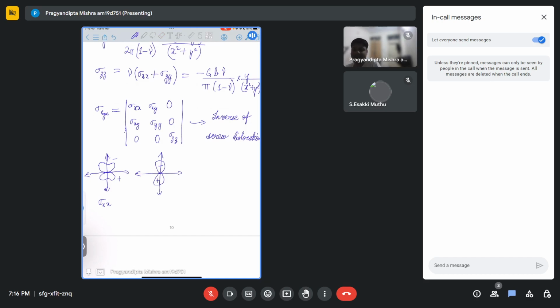And then we'll have more along the other planes. So this will be positive, this will also be positive, these are negative. The sigma xy will look something like this. It will be similar to sigma yy, but in the other direction.